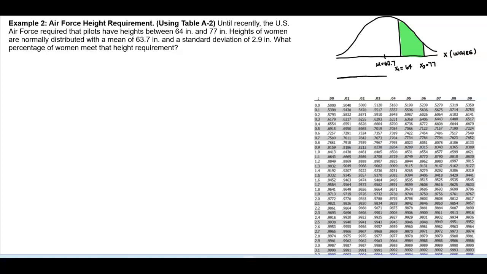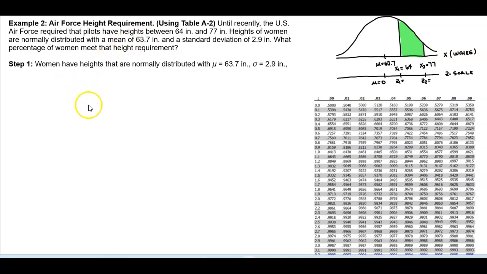Now when I draw my z-scale, we know that our mean is going to equal 0, and we're looking for z1 that's associated with x1, which is 64, and then we want to find z2, the z-score for the x2 value of 77. Recall that this represents the z-scale.